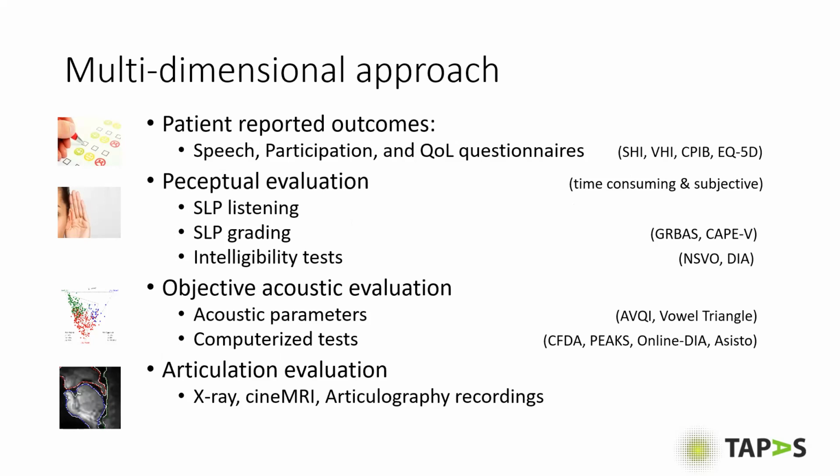The next step is automating some of these perceptual tests, like the intelligibility test that was already discussed several times. Grading can be done, like there are automatic gradings for voice, the AVQI, developed here in Belgium, that's quite good. So good we don't do grading by the SLPs anymore, because that's a waste of time. The thing works just as well.